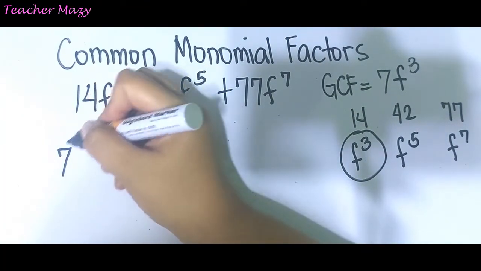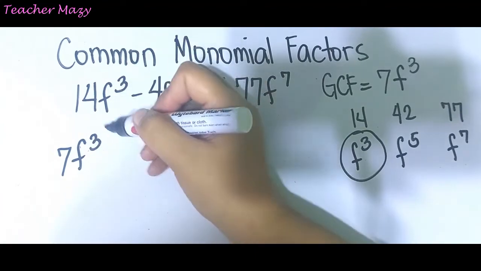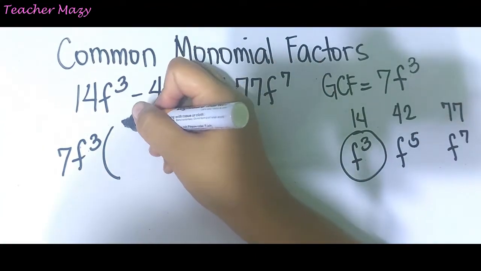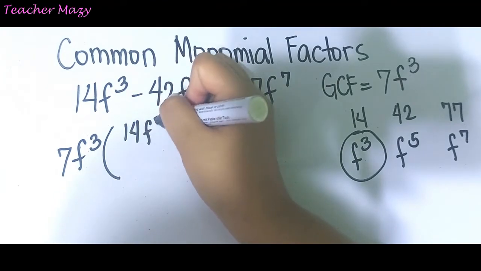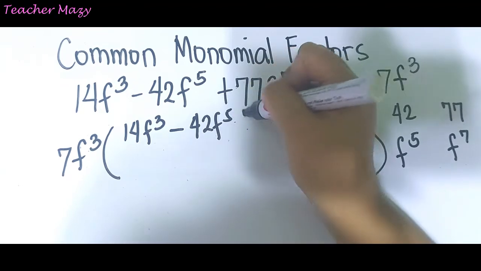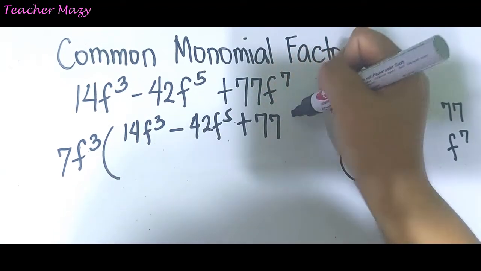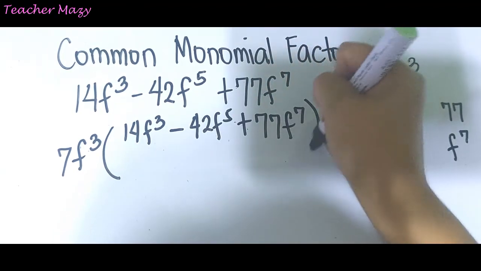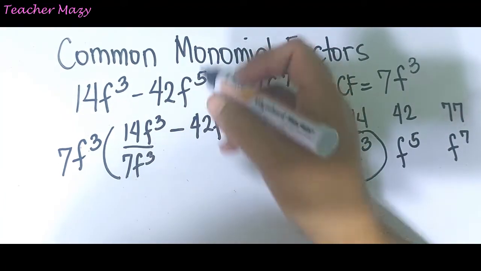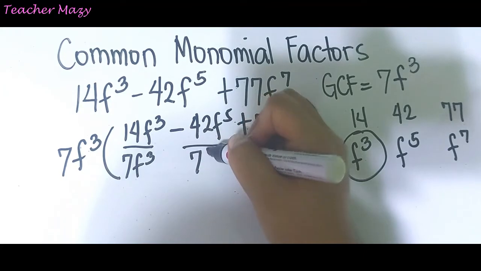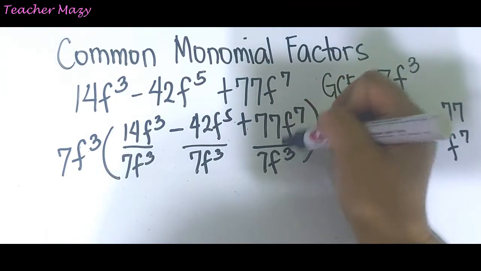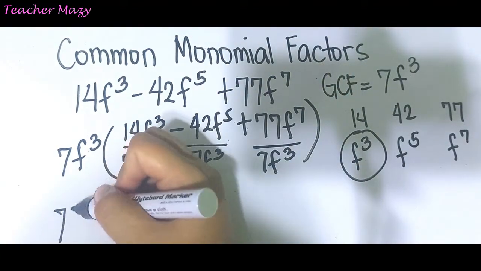Let's write that here, and then divide each term using our GCF: 14f cubed minus 42f to the 5 plus 77f to the 7, each divided by 7f cubed. Let's rewrite this one.